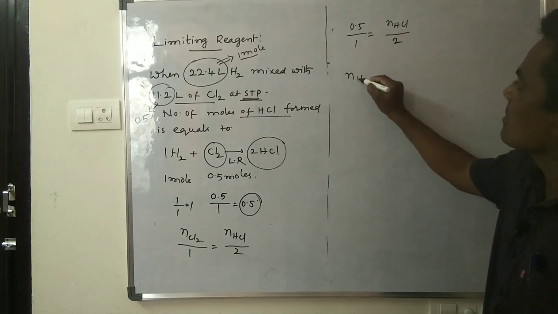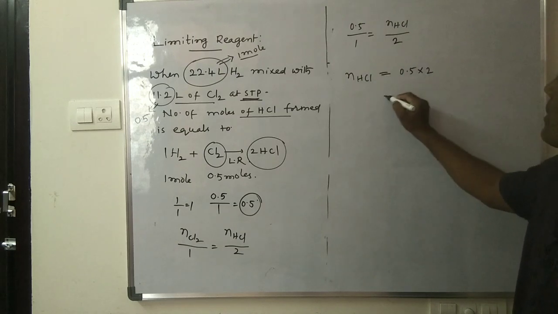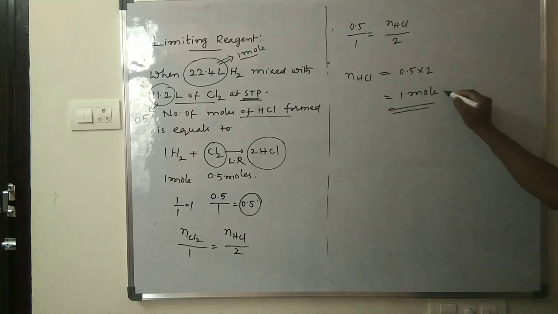So the number of moles of HCl formed during this reaction is 0.5 into 2, equal to 1 mole. So 1 mole of HCl is formed during this reaction.